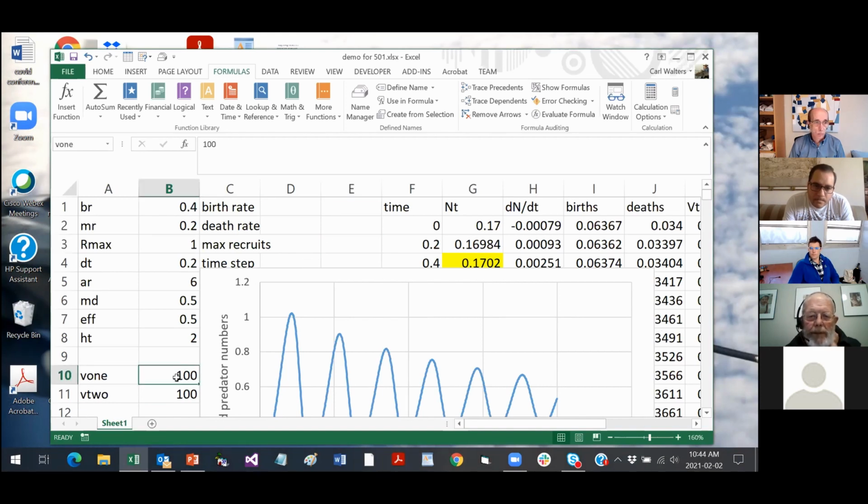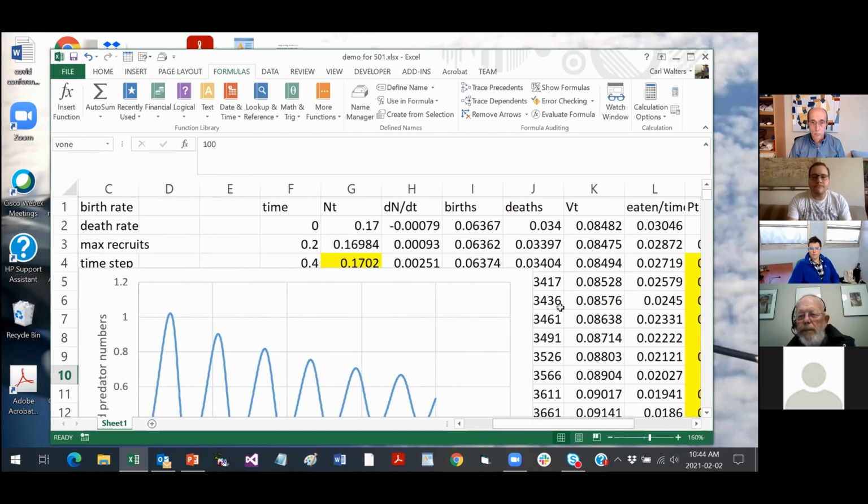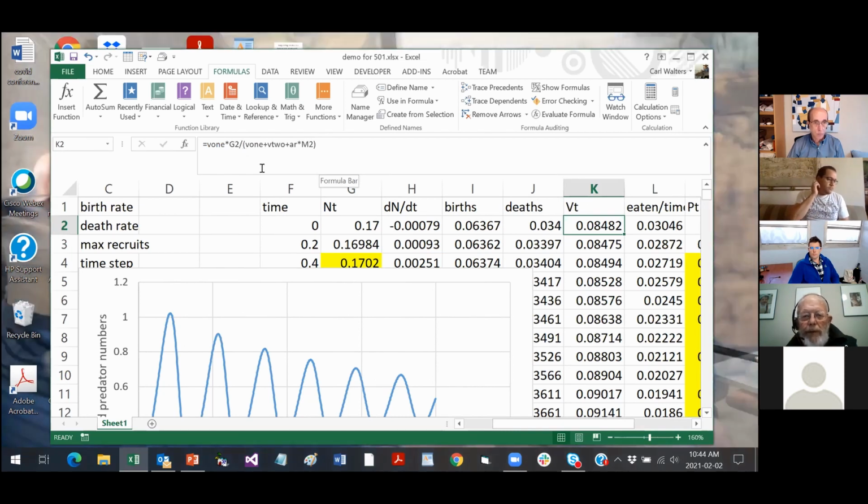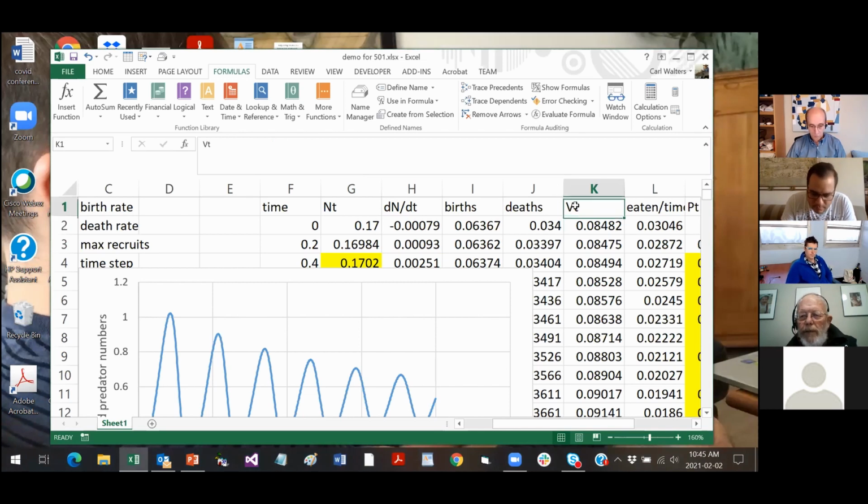Low vulnerability exchange rates limit the maximum consumption of prey by a predator, but they also mean that at low predator densities, each predator becomes more productive. Each predator sees more prey. The vulnerability equation says that vulnerable prey drop down as you increase the number of predators. So if it drops down really fast, it means conversely that when you lower predator densities, V goes up rapidly, and that makes the predators much more productive.